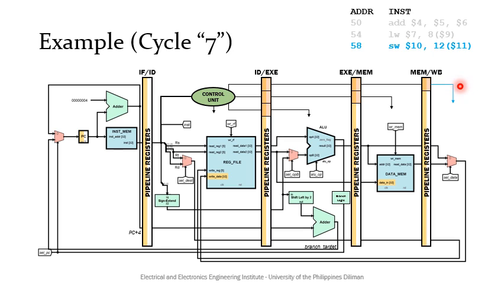However, the signals at this point are mostly don't cares, except for the write RF signal, which must be deasserted to ensure that no unwanted writes happen when the clock rising edge occurs. And thus, this completes the 5 clock cycles for the last instruction we are considering.